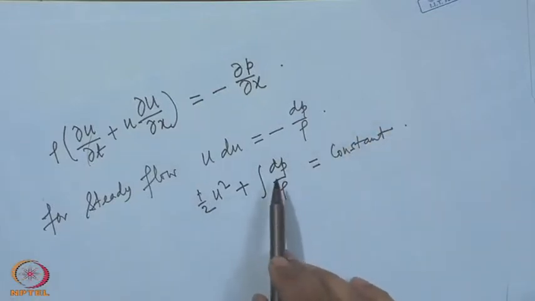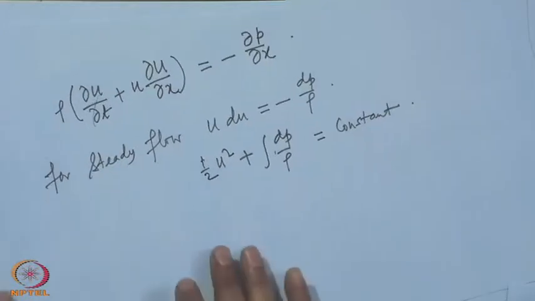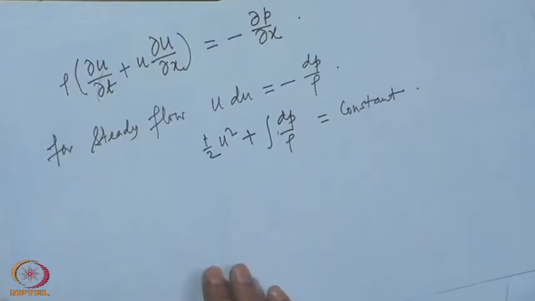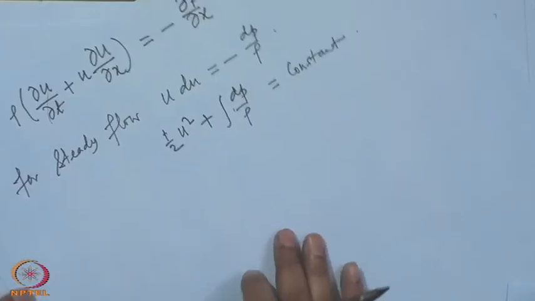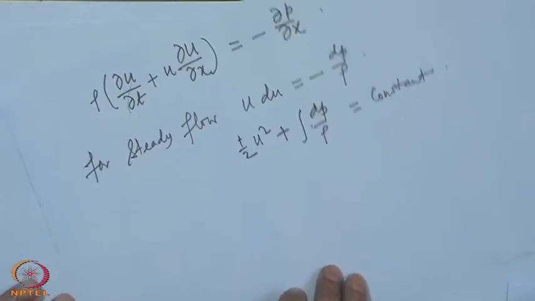The integration can be completed if a relationship between pressure and density is known. This Euler's equation can also be converted, with the help of the continuity equation, to a more useful form, which can be obtained in the following manner.